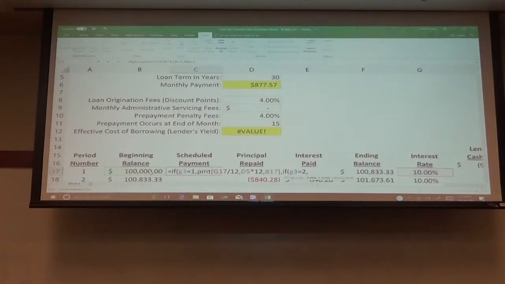Okay, so that would be D17 plus E17, comma, and then if it is interest only, what do we want it to do? Principal repaid is 0. Well, we've already done that, so it's just simply going to be basically just column E. Okay. So E17.